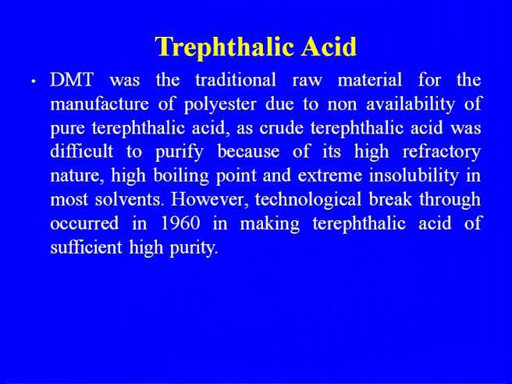Crude terephthalic acid was difficult to purify because of its refractory nature, high boiling point and extreme insolubility in most solvents. However, a technological breakthrough occurred in 1960 in making terephthalic acid of sufficiently high purity, with the development of a purification process based on crystallization and sublimation.